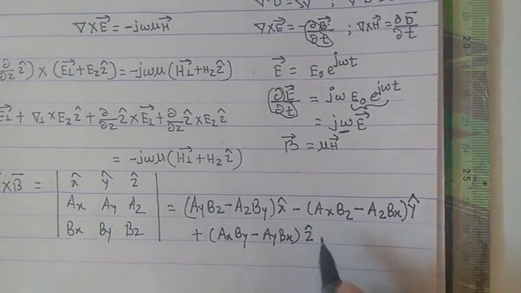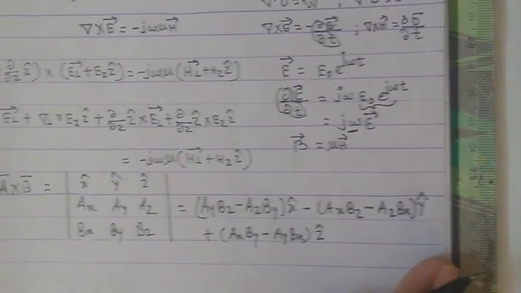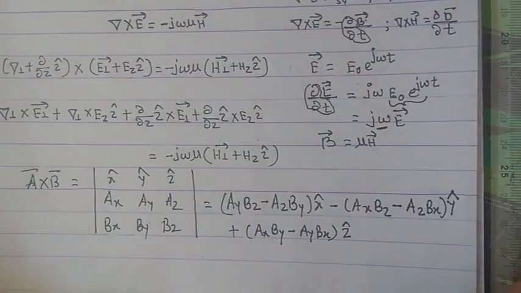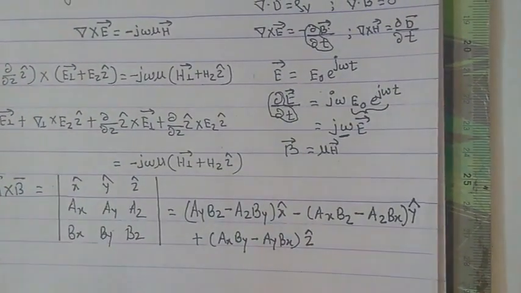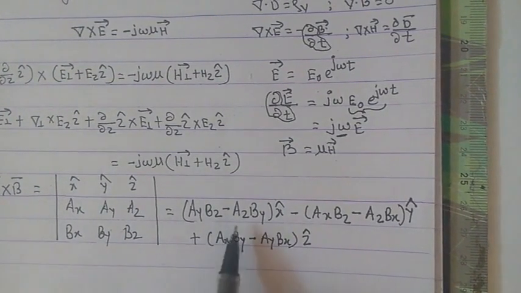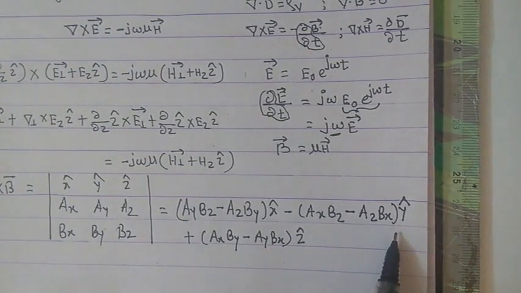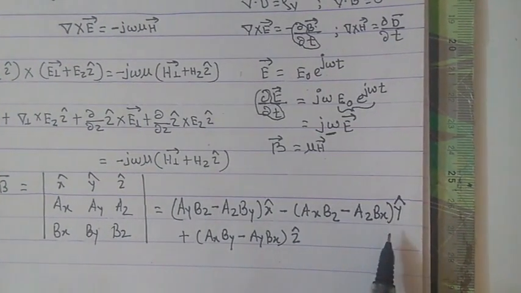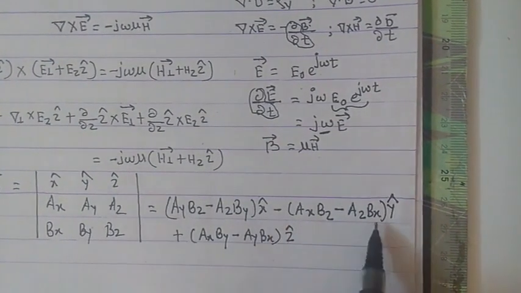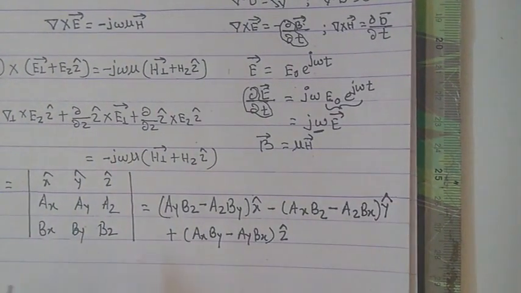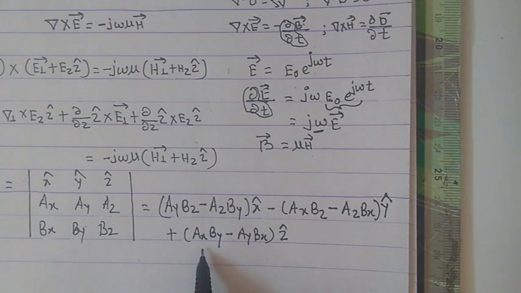Now this is the result of the cross product of two vectors A and B. You can see here, any cross product with Z will lie in the XY plane, and the cross product between transverse terms will lie in the longitudinal direction.